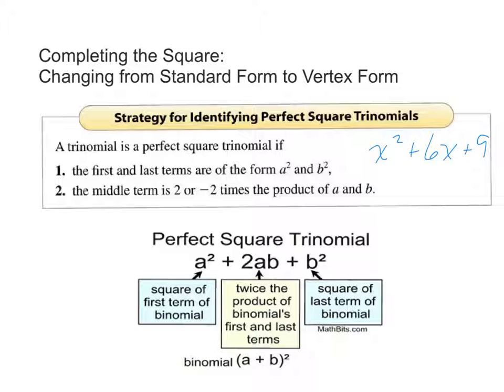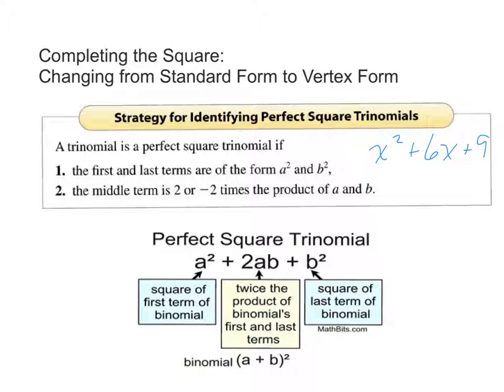So if we go back to x squared plus 6x plus 9, and we're saying the first and last terms are a squared and b squared, here's a squared, here's b squared. Then what's a? If x squared is a squared, what's a? It's not 1, it's x. It's the square root of that.